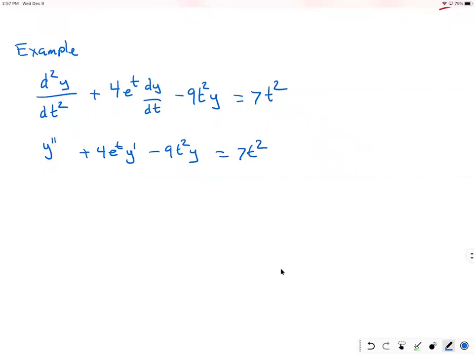So what I'm going to do then is write this as a system. I convert this second order differential equation into a system of differential equations. So I get x1 equals y. Then I take x1 and take its derivative. So that means y gets a derivative. And I make that equal to x2. Then I take the second derivative of y, and so that's the first derivative of x2.